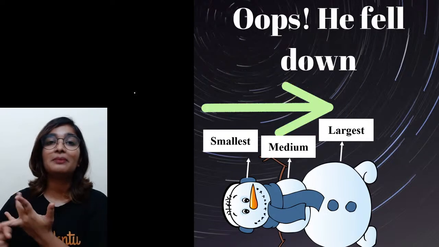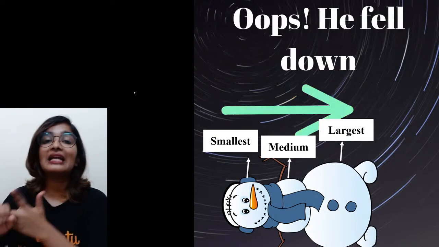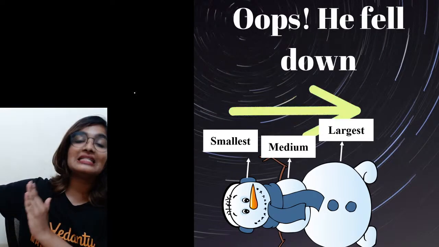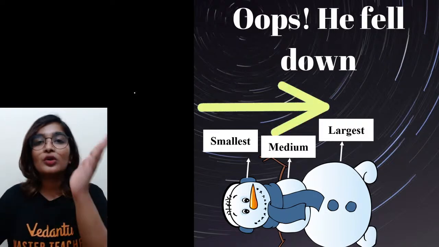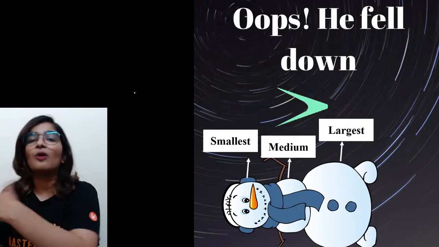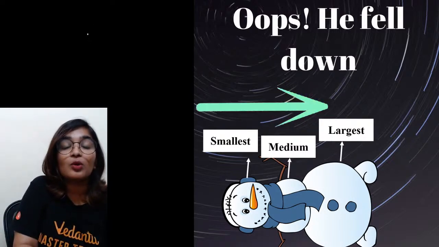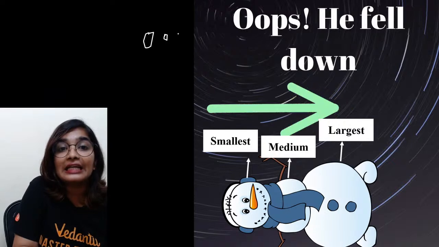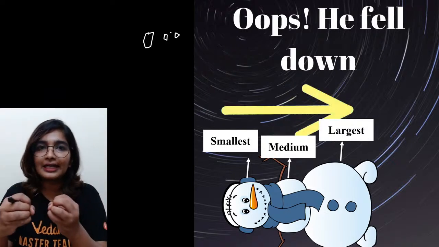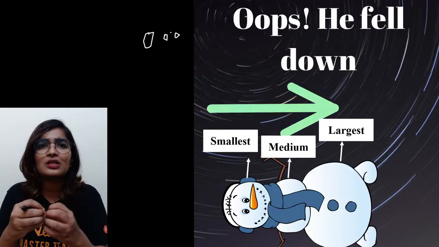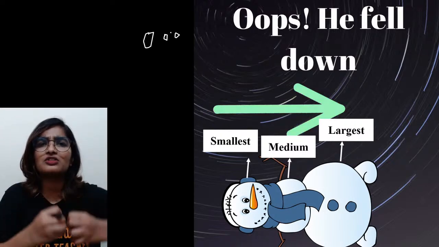Electronegativity, ionization enthalpy and non-metallic character increase across the period. You have non-metals on the right side, right? Obviously, the non-metallic character will increase, and the ionization enthalpy will also increase because of the decrease in size. The distance between the nucleus and the electrons is very small, so the nucleus holds on to those electrons very strongly.